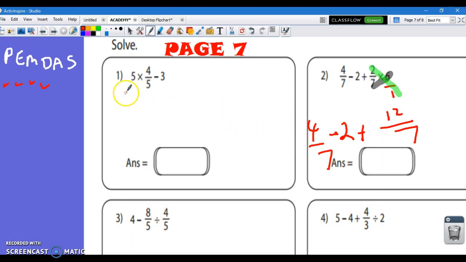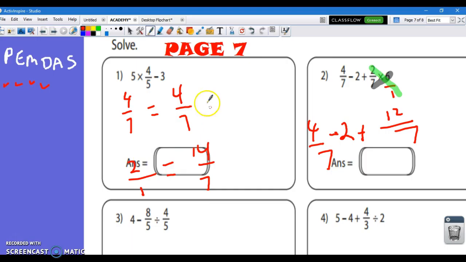Okay? So this is what we see first. I'm going to do that over here. Remember with adding and subtracting, we need the same bottom number. And as you can see, we can use bottom number 7. 7 will go into 7 one time. 4 times 1 is 4. 1 will go into 7 times. 2 times 7, 14. Right?